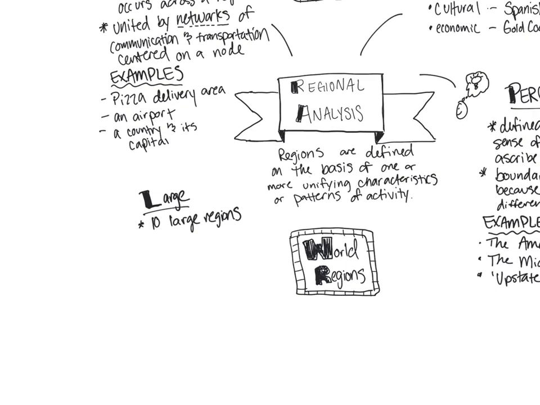This is really just the 7 continents, and then there are 3 cultural regions that are included in this too, okay? So if you're looking at that top map, that's the large regions.